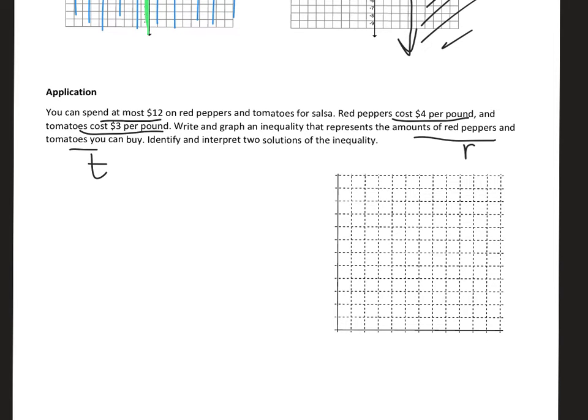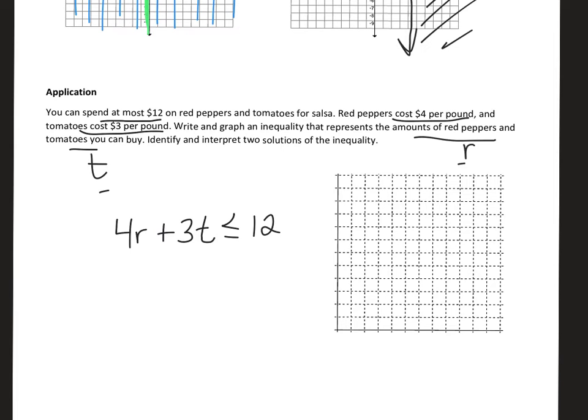First I'm going to write an inequality using T and R that relates to you can spend at most $12. If you have at most $12, you have less than or equal to $12. Red peppers cost $4 a pound and tomatoes cost $3 a pound.